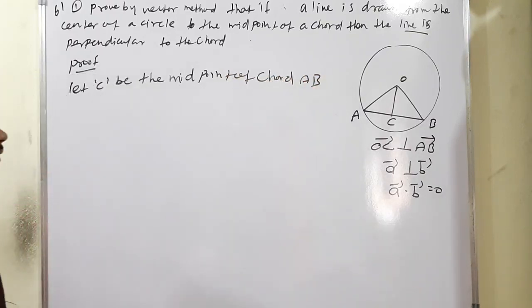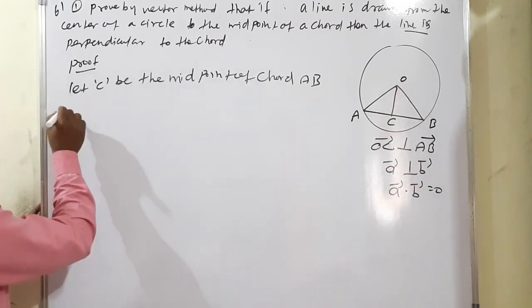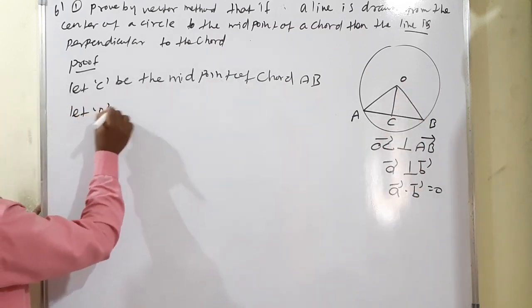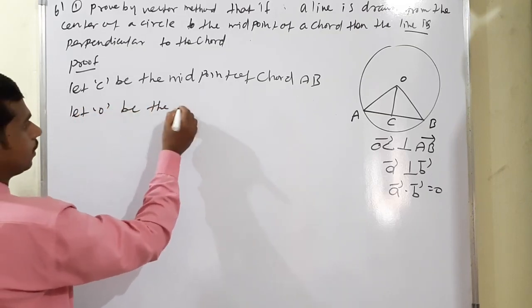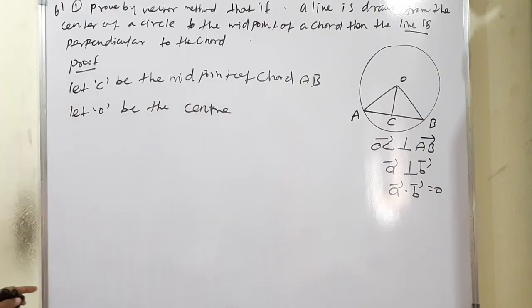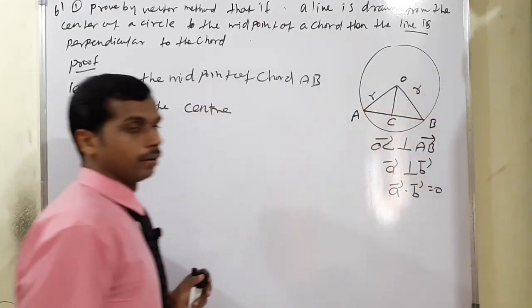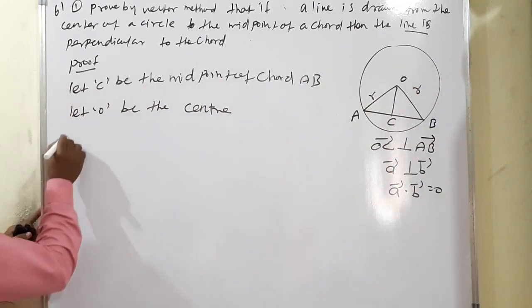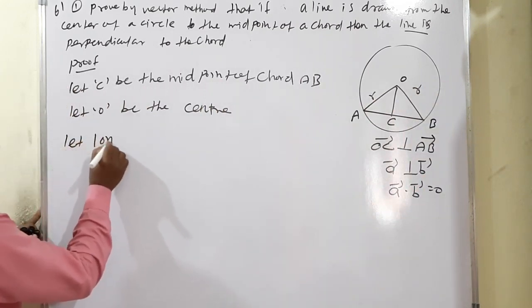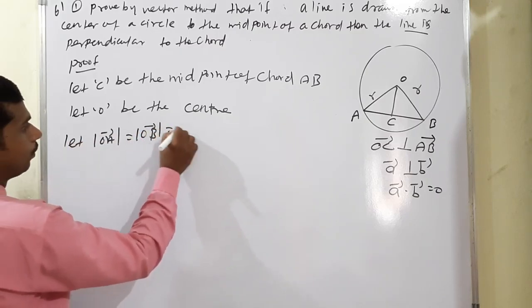Now second line, let O be the center. Midpoint of the chord AB means consider the radius on both sides as R. Then let modulus of OA vector is equal to modulus of OB vector is equal to R.